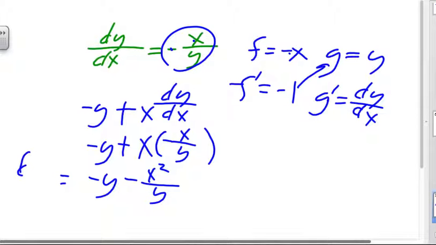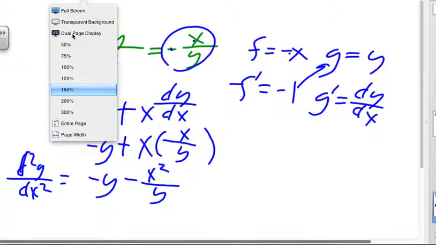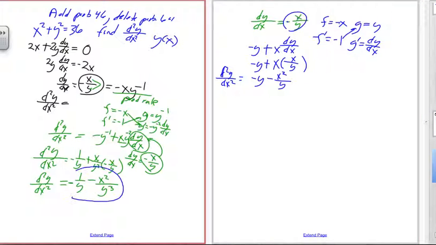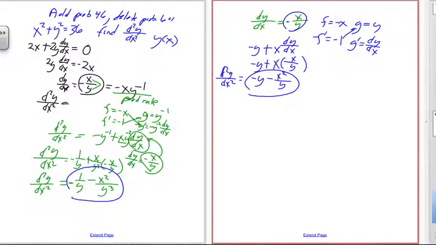Now these things look different, but they're not. If we go back and compare them, it's easy enough to get to this one.